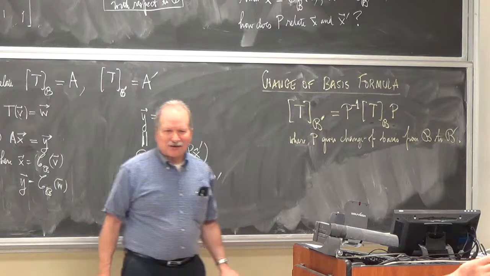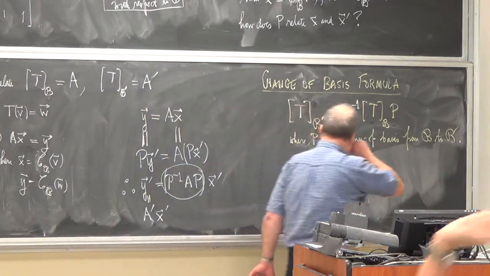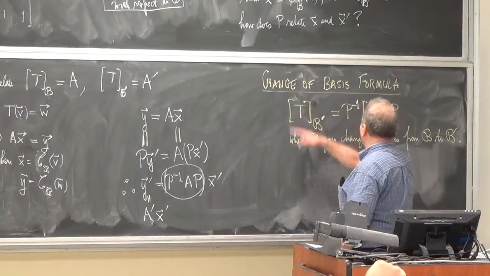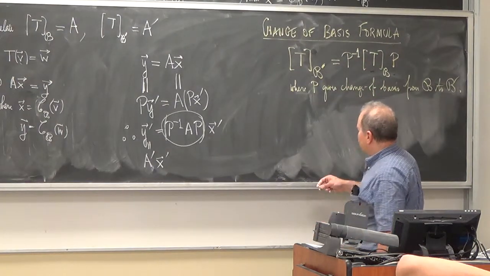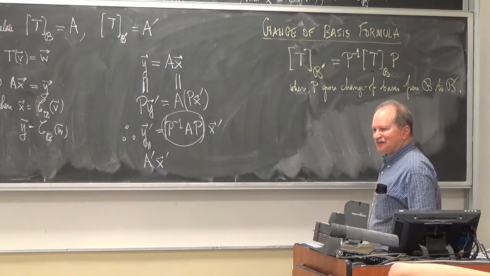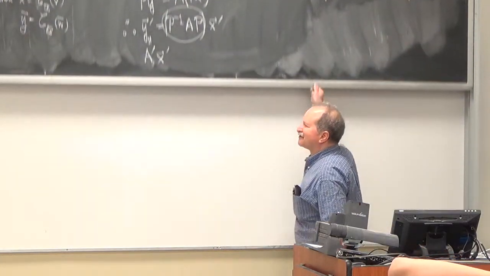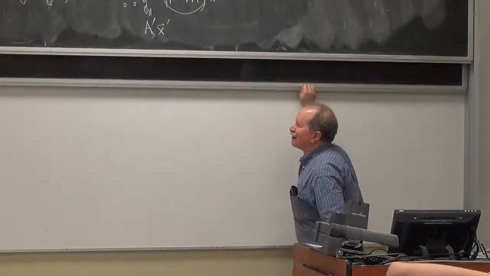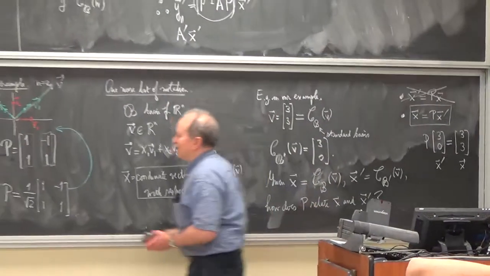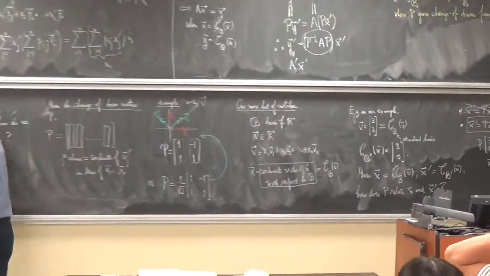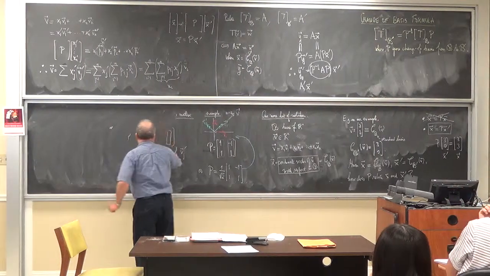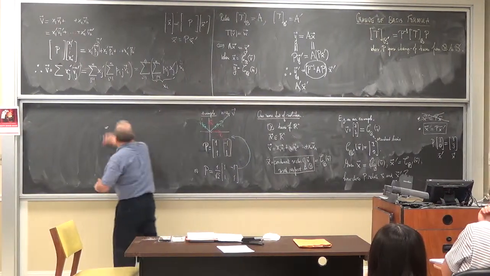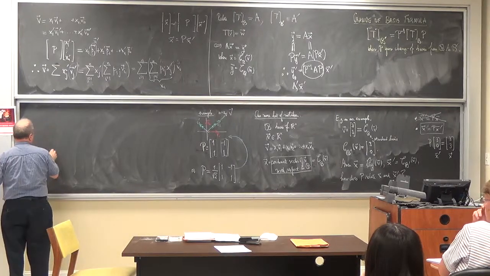Now, I don't know if this is going to amuse you or not. This formula can be made very nicely pictorially. I'm not sure you'll like this or not, but before I do the numerical examples, here's what's going on.